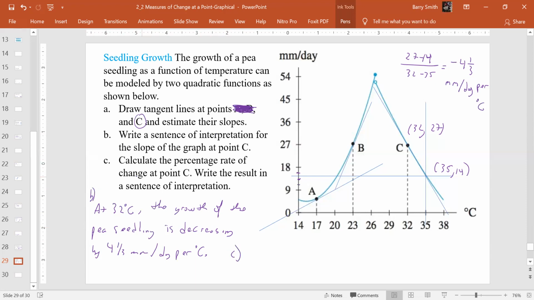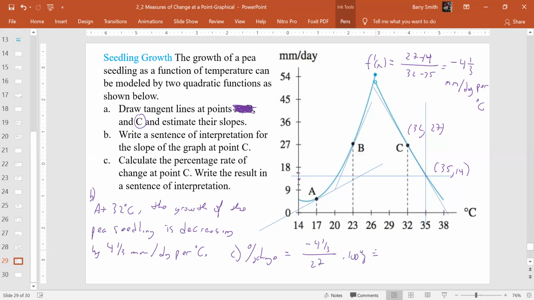Part C, calculate the percentage rate of change at that. So percent change is going to be equal to our f prime of x over our f of x. So remember, this is our f prime of x. So that's going to be negative 4 1/3 divided by our 27. And then we have to multiply by 100%.